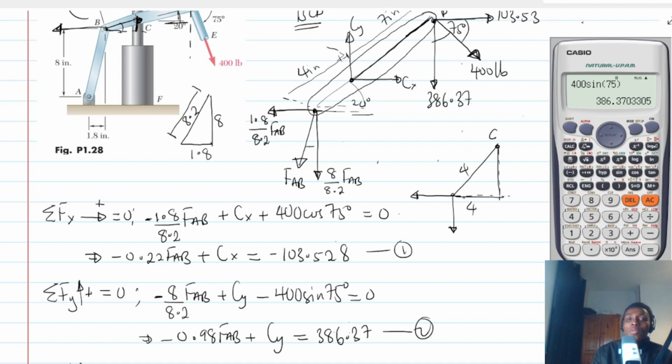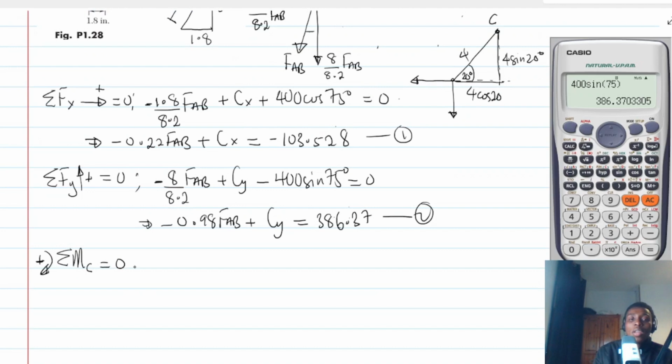Okay, so here is 4. Don't forget that this is 4 and it makes an angle 20. So it means that this 20 is here. Okay, so 4 cosine 20, 4 sine 20. All right, so from the x component, it's going to be clockwise, and then the moment is given by 1.8 over 8.2 FAB, which is the force.